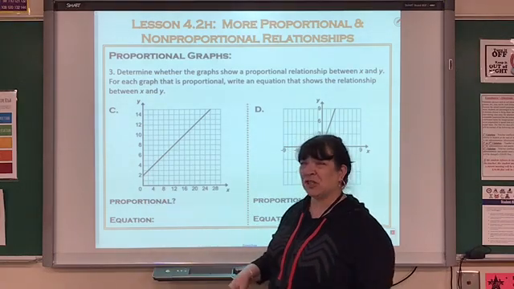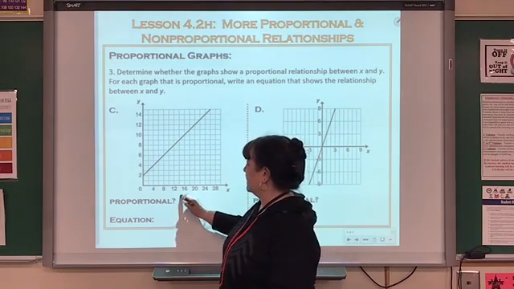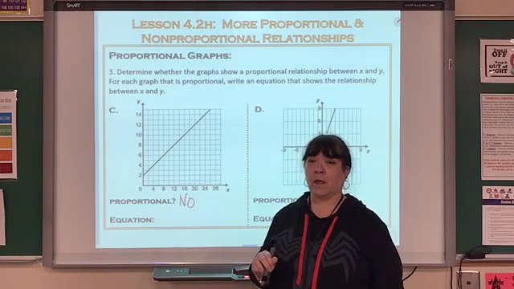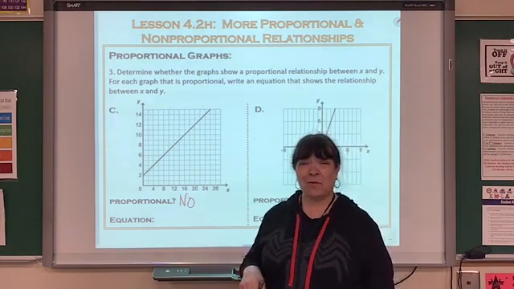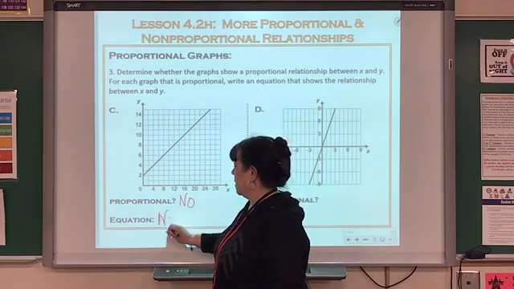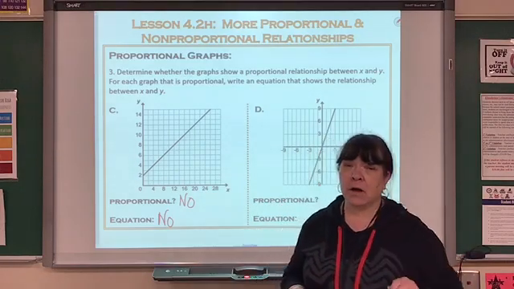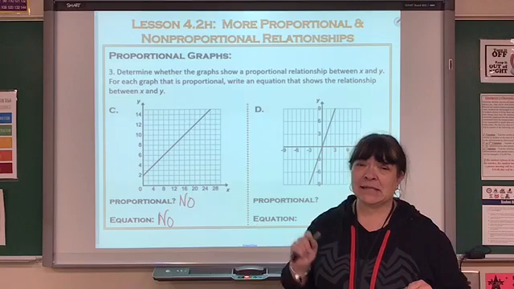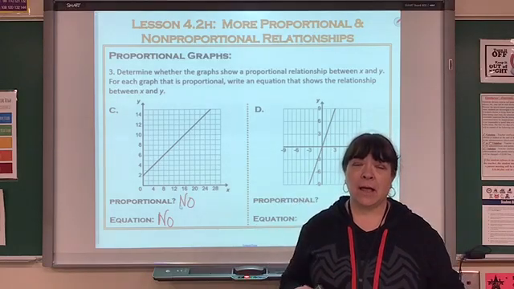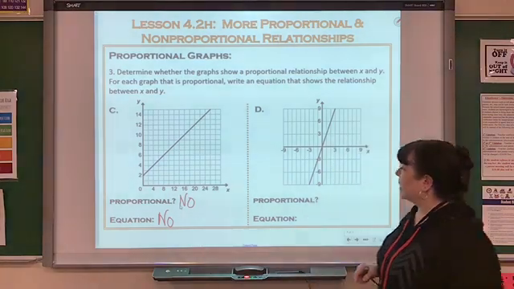And because the origin is not there, I'm going to say that this is a big, huge no. For an equation, we're going to also write no for now. Later on, you'll find out that there is an equation for that. It's just not proportional, and what we're doing is writing proportional equations.